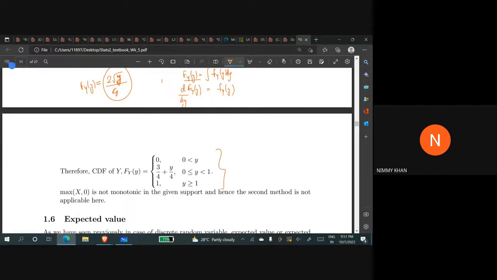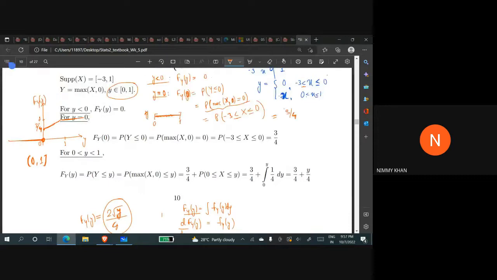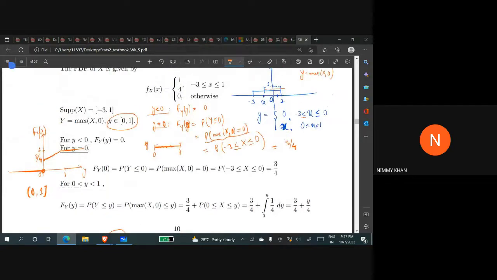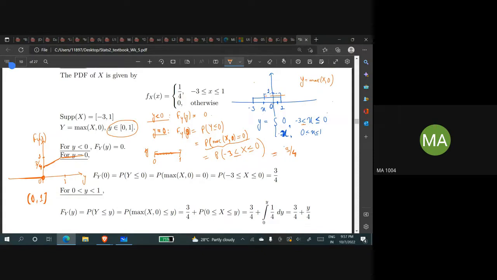Can you explain that particular part? Can you go a bit above? Yeah, the 3 by 4 plus probability of 0 less than or equal to x, that portion. Okay. We looked for Y less than 0. We looked at what happens when Y equals 0.